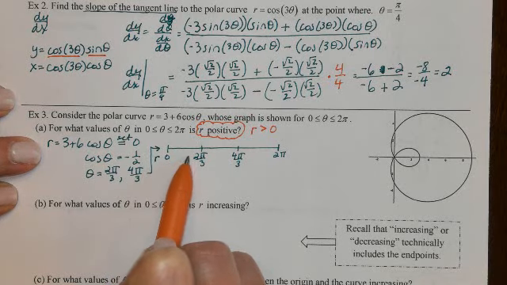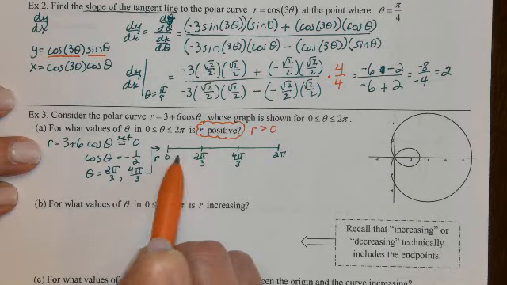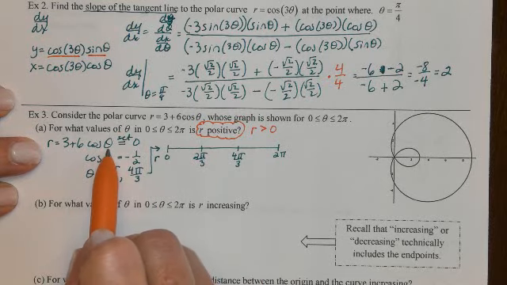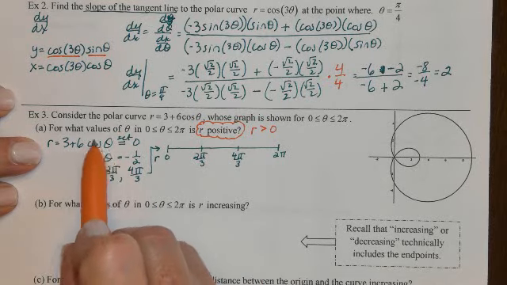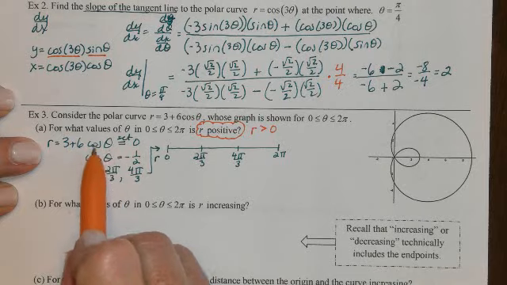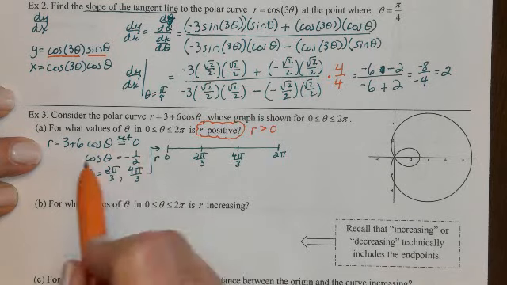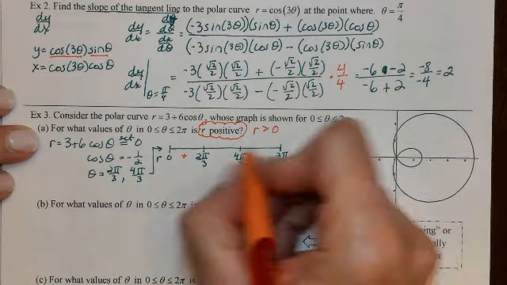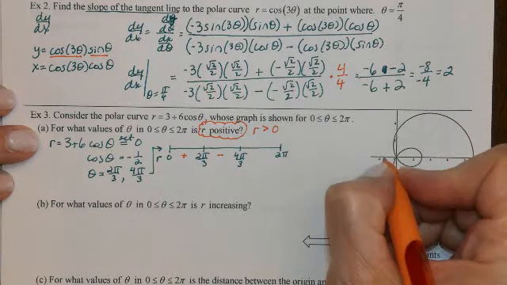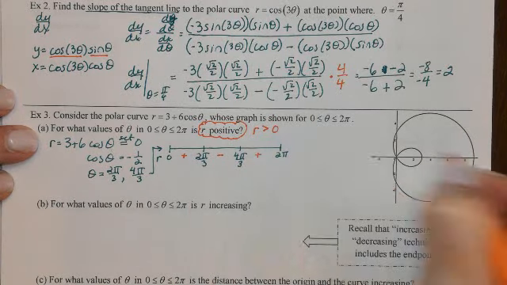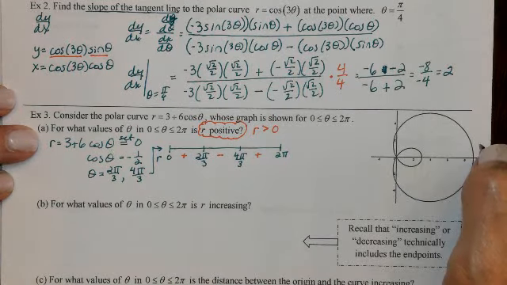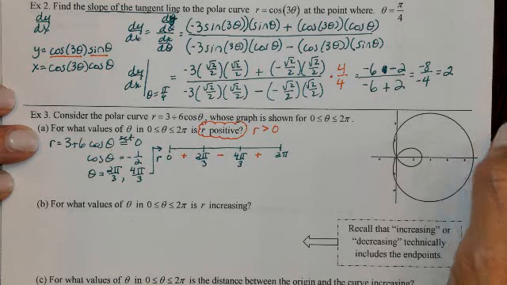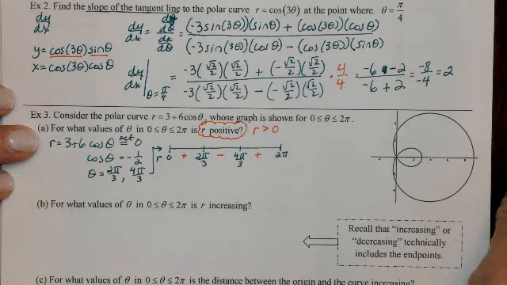Pi over 2 would be in between 0 and 2 pi over 3, right? If I put pi over 2 in for theta, cosine of pi over 2 is 0. So we have 3 plus 0. That's positive. So this is positive right here. And so I know this is going to have to be negative, and this is going to have to be positive. Again, because we know we've spent a whole semester doing trig, so you should know that cosine goes from positive to negative when it's 0, or negative to positive.